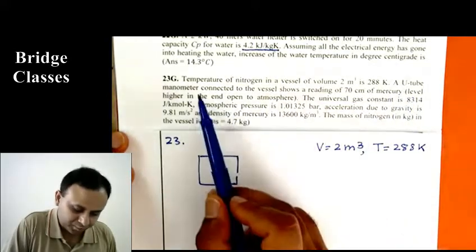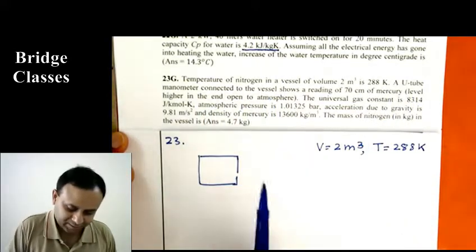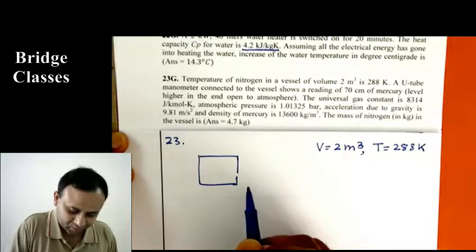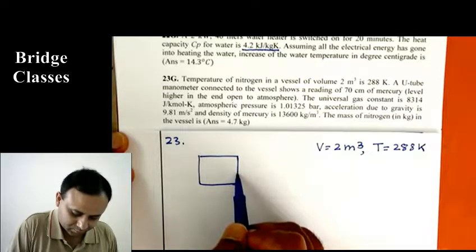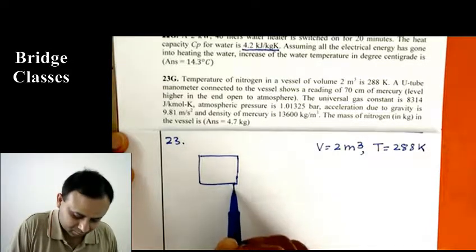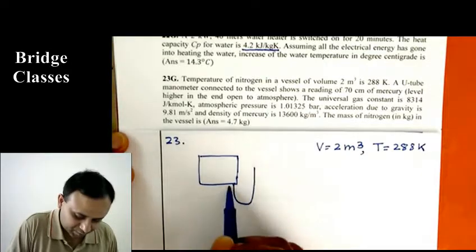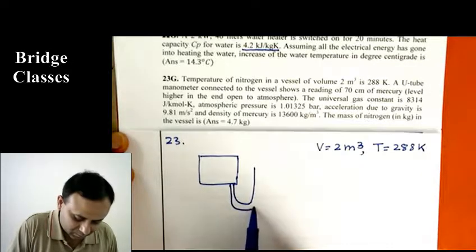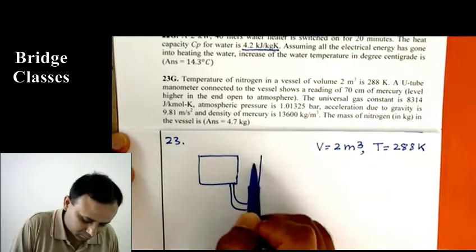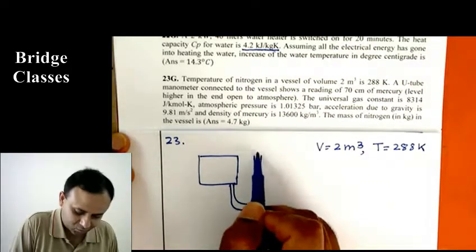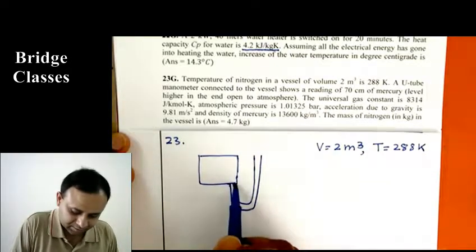A U-tube manometer connected to the vessel. A U-tube manometer is like this. You know from fluid mechanics about this. It is open on this side and it is connected here.